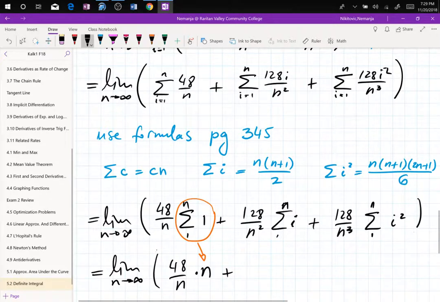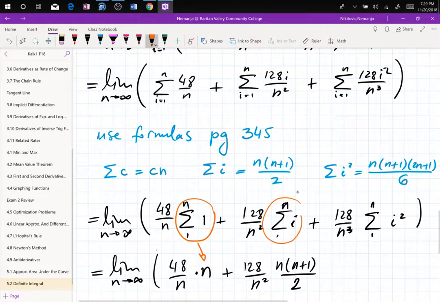Plus 128 over n squared times n plus 1 over 2. Again, orange, that stuff is that term. Plus 128 n cubed.